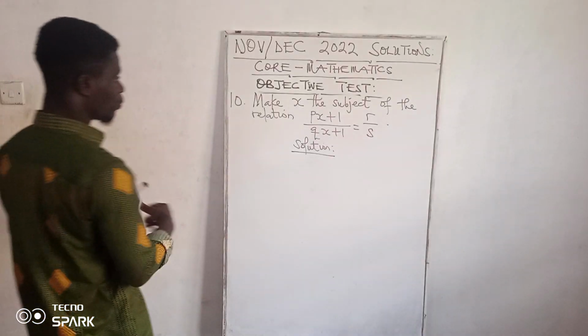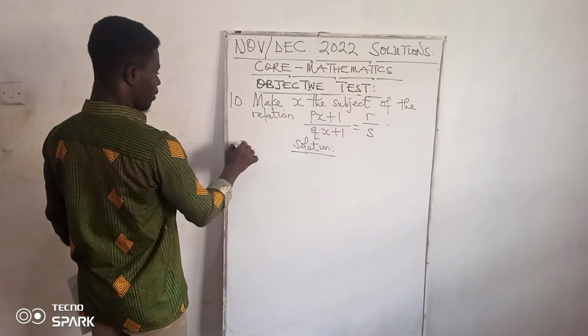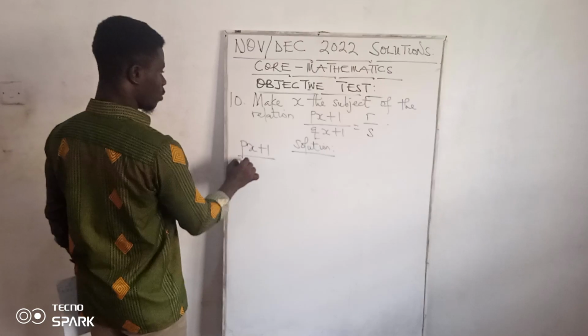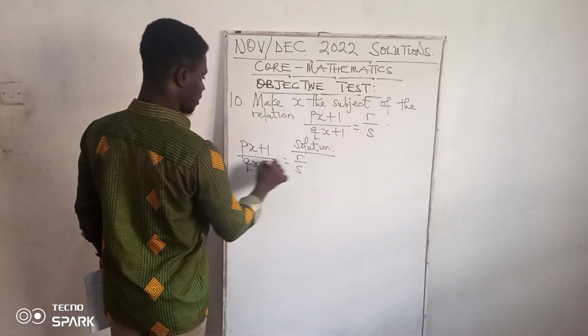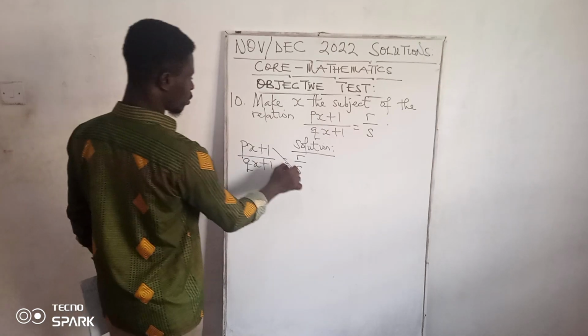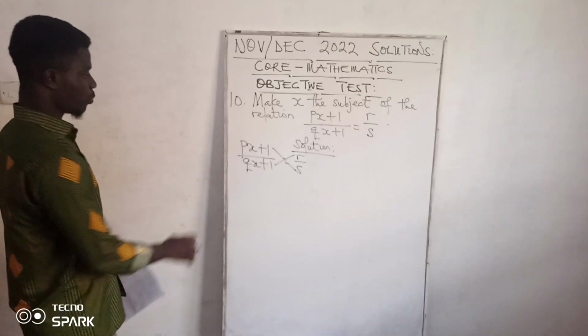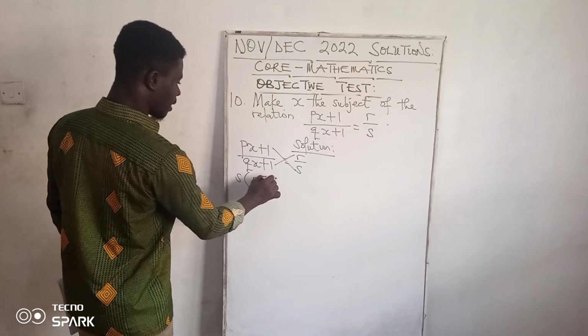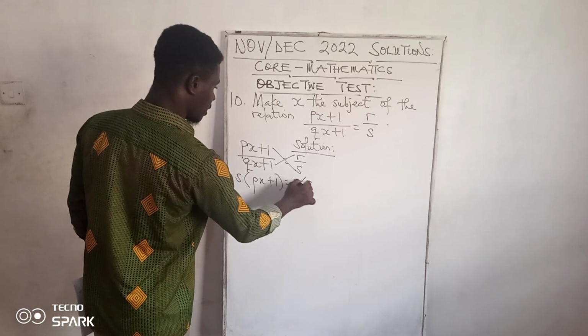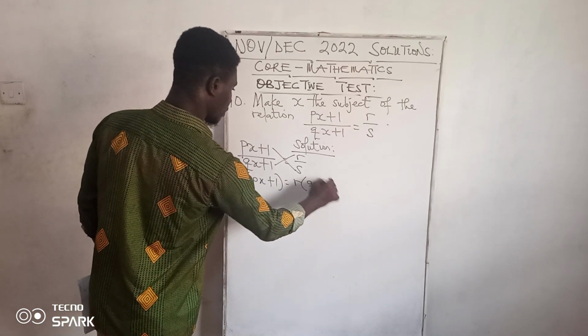All right, so now let's proceed. So now I have Px plus 1 all over Qx plus 1 equals R over S. Right, so we can do cross multiplication here or cross product. So S multiplies Px plus 1 equals R multiplies Qx plus 1.